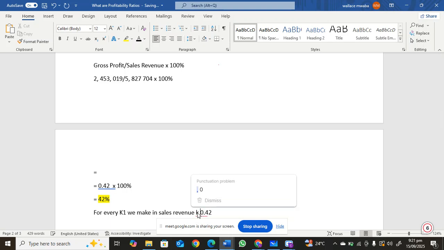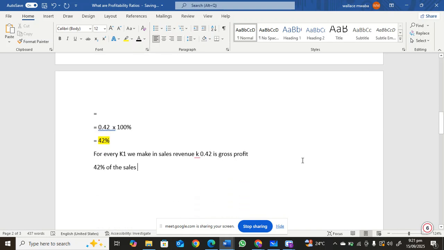Or 42% of the sales revenue is gross profit. Yes, that's how we interpret our gross profit margin.